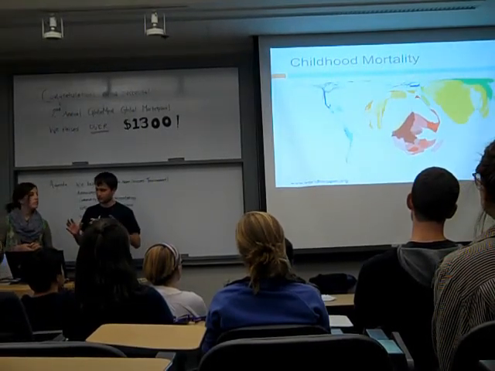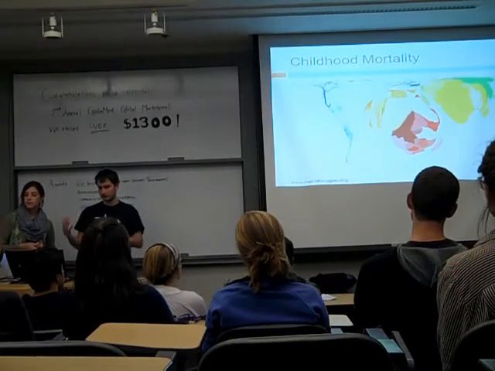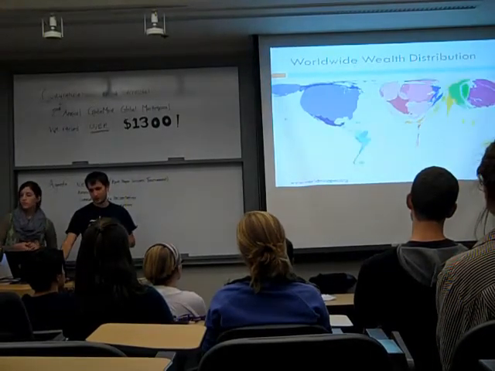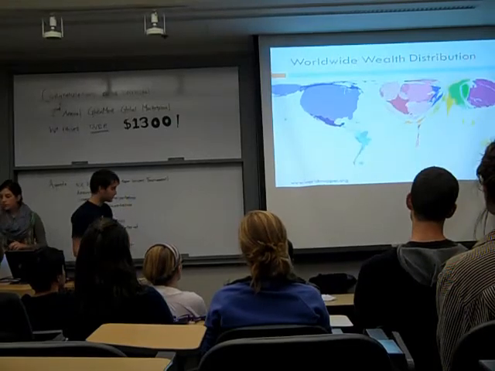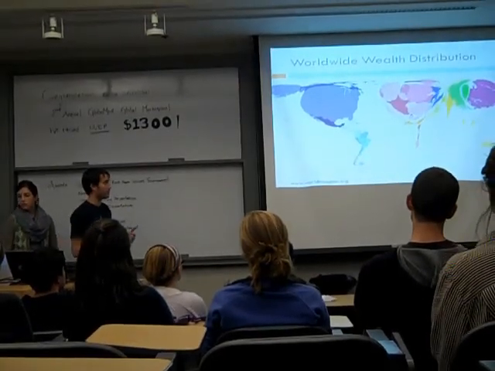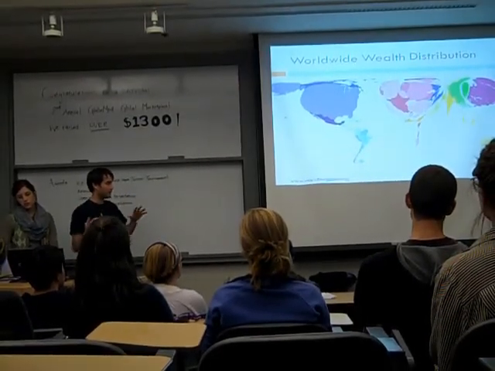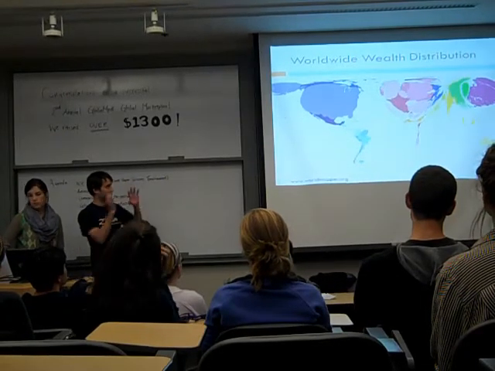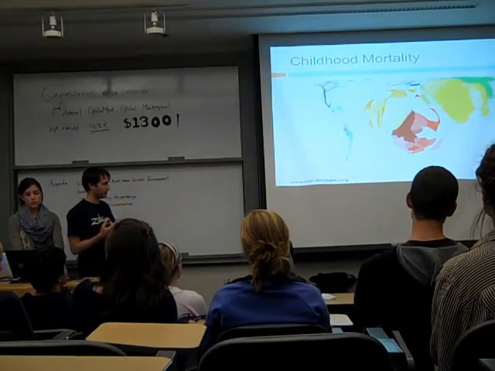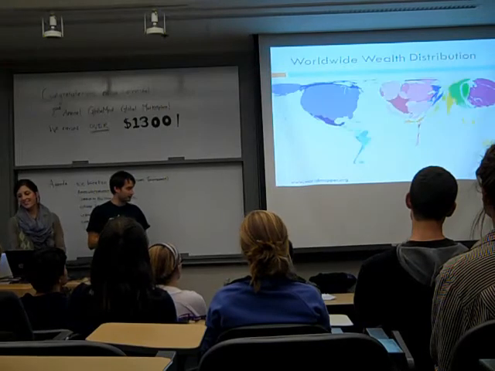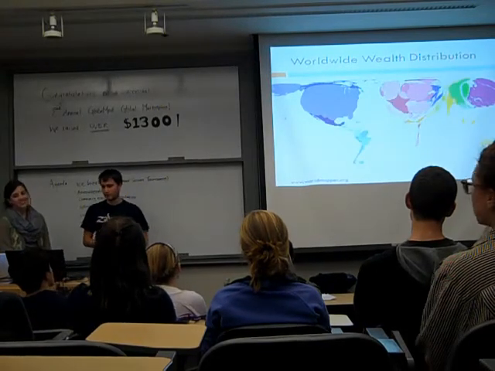Just to give you a quick idea of the disparities, I know you mostly know this, but to see it visually: if you compare this childhood mortality map to the worldwide wealth distribution, it's almost opposite. The regions that bulge here are really small there. We're going to send out a link after the meeting about worldmapper.org.